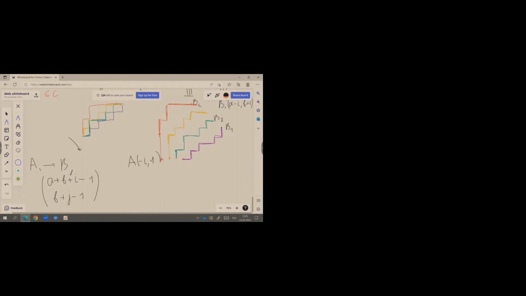Okay, and this is exactly the binomial coefficient in our determinant. Okay, and when we extend our path like this, does it change the number of non-intersecting paths?